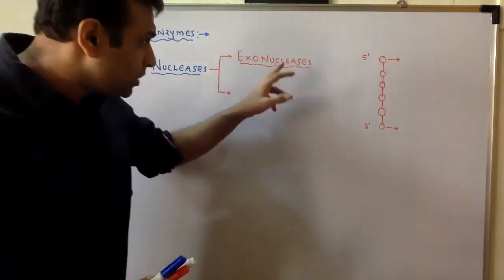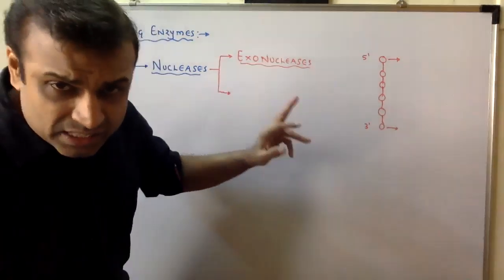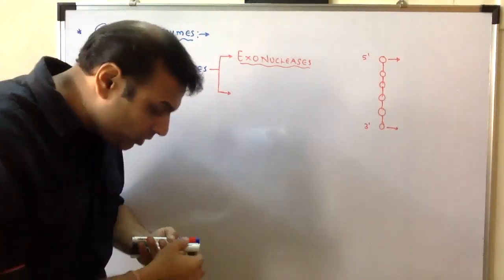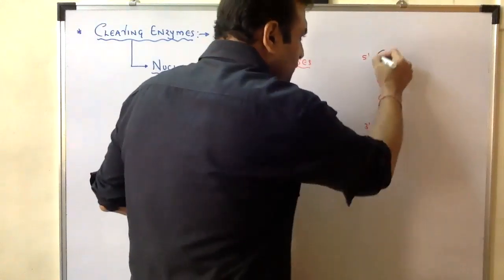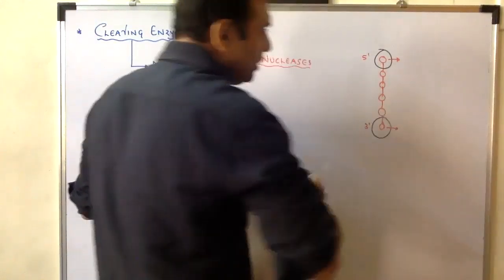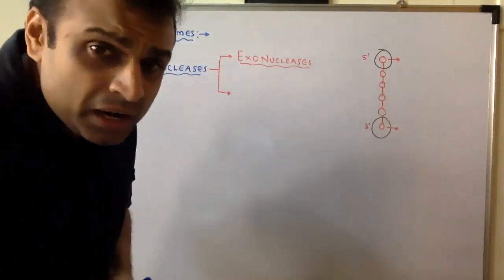So exonucleases are those enzymes which can remove the nucleotides either from the 5' end or from the 3' end, but not in between.